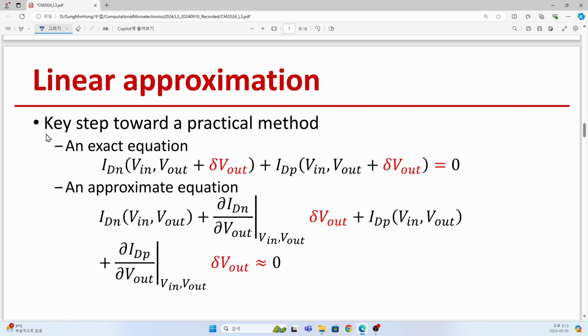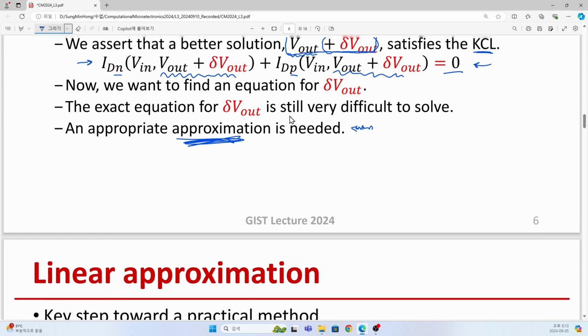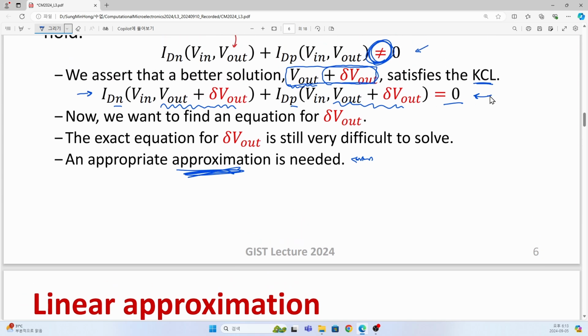This is really important, and this is the key step toward a practical method. So in principle, if you can solve this equation, then you will get the perfect delta V out. However, it is not possible to solve this equation easily.